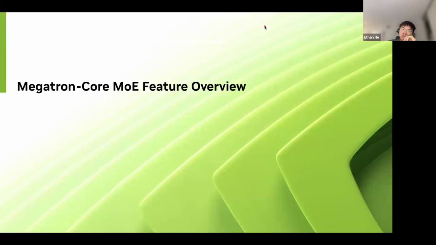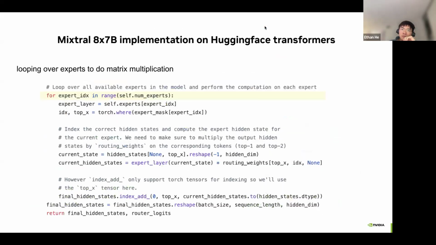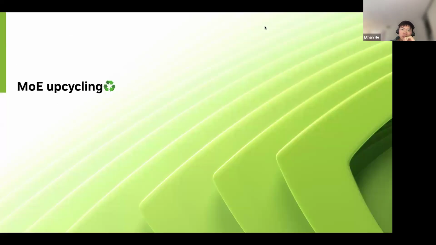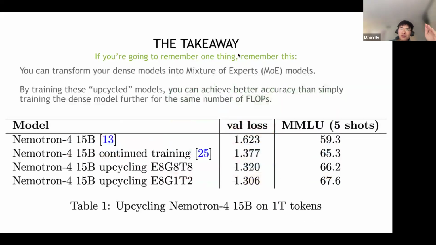Okay, I guess I can go to the next section, upcycling MoEs. If you're going to remember one thing, remember this: you can upcycle your dense models into mixture of experts. By training these upcycled models, you can achieve better accuracy than simply training the dense model further for the same number of FLOPs.